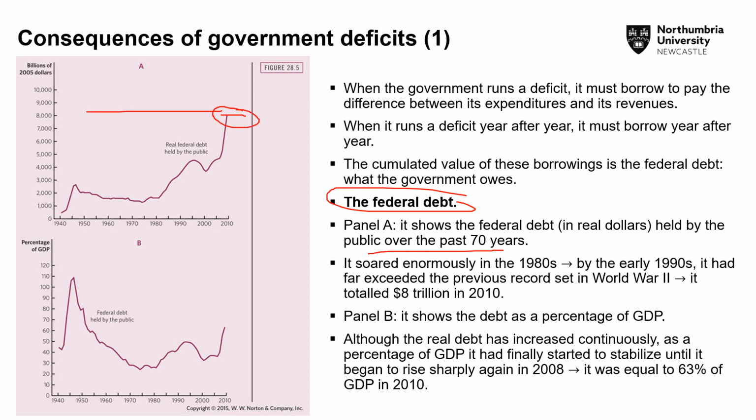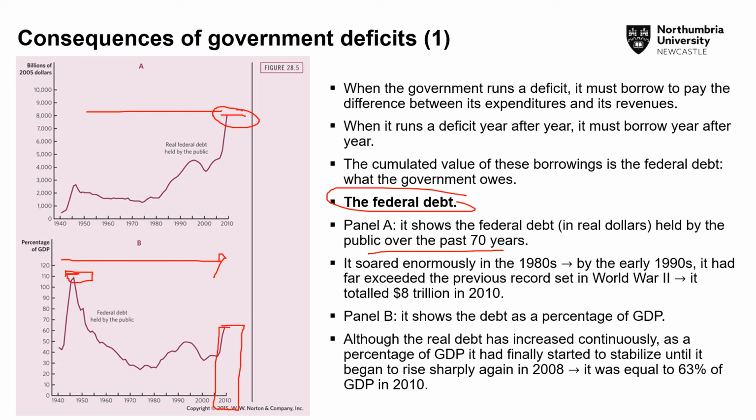Also, it wasn't as high as it would have been as a percentage of GDP around the 40s during the time of World War II, but it also peaked in 2010. It is not the overall peak, it is a local peak. So it is not the global maximum.